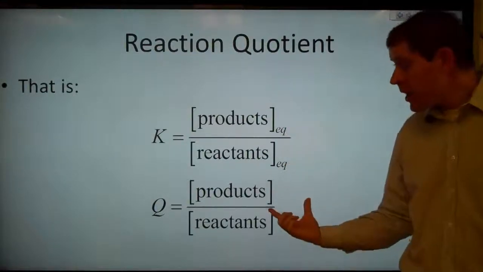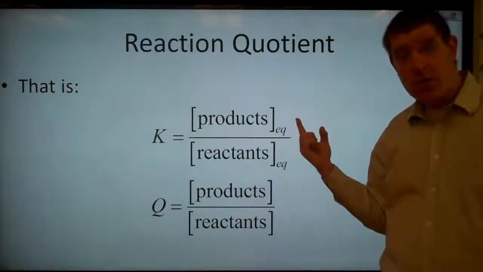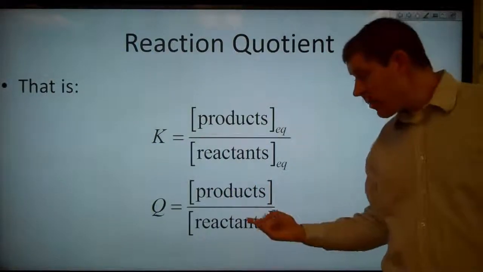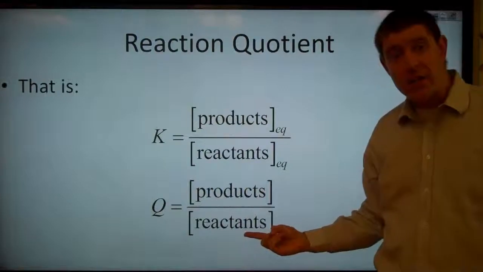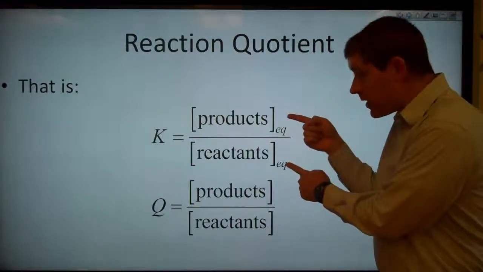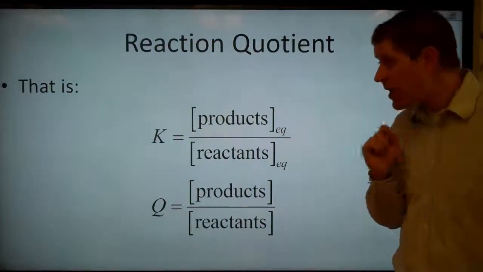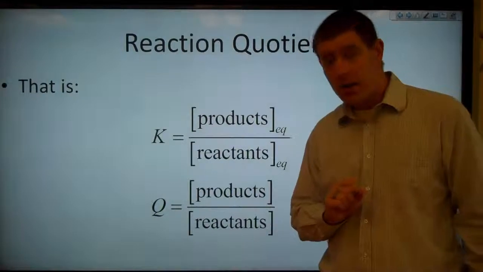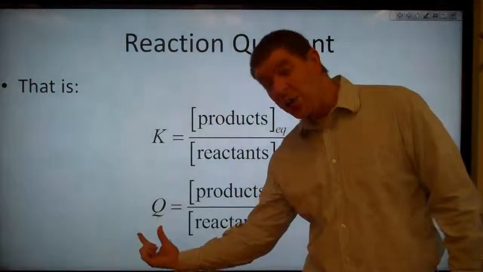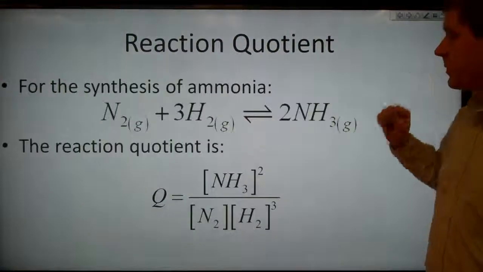So basically, the top expression here, the expression for the equilibrium constant, is the bottom expression at a specific point when we've reached equilibrium. So if we plug in the equilibrium values for our concentrations of reactants and products, then we get K, which means that basically the value of Q at equilibrium is equal to the value of K, the equilibrium constant.